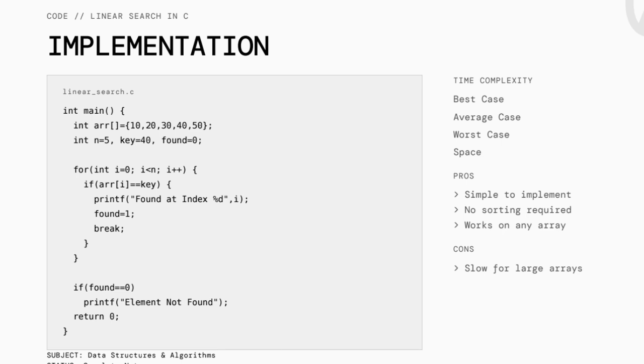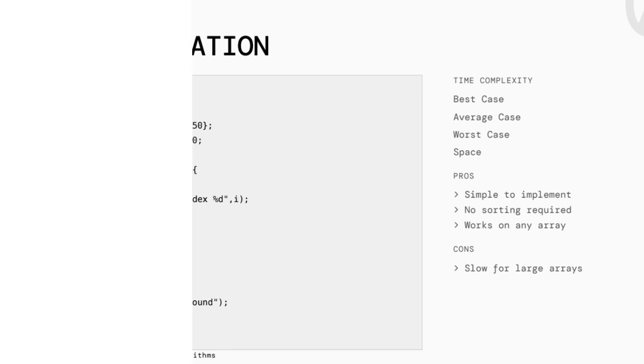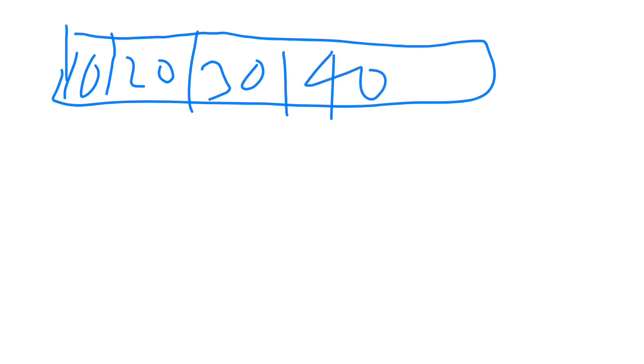Suppose we do a linear search for 40. This array is 10, 20, 30, 40 and 50, with index 0, 1, 2, 3, 4.